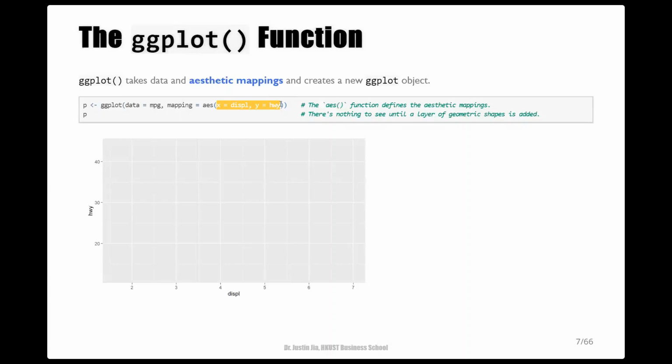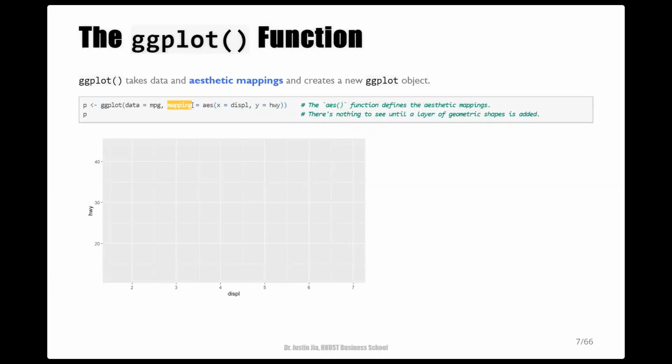In this example, the x-axis is the displacement, or actually the size of the engine of a car, and the y-axis is the mileage on the highway for that car. The output of this aes function is passed to a parameter called mapping to establish static mappings.